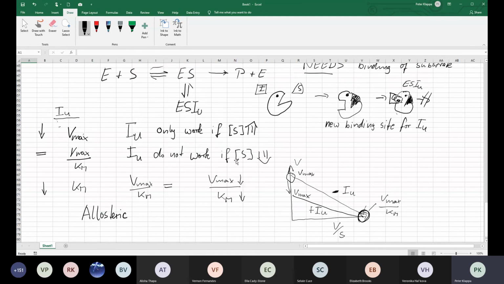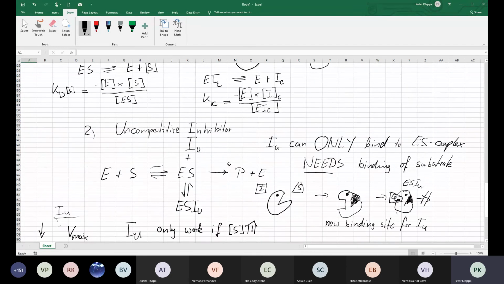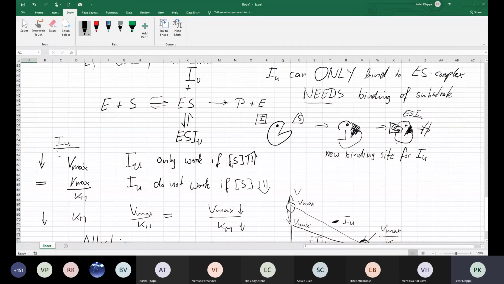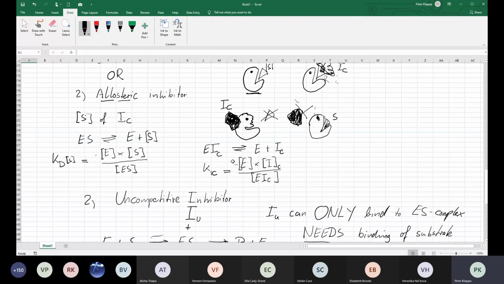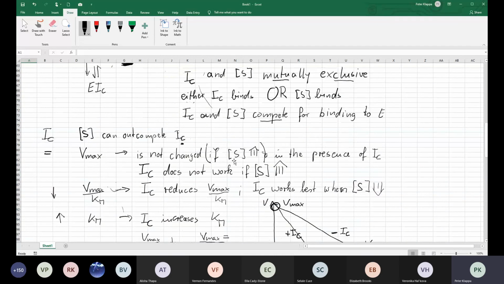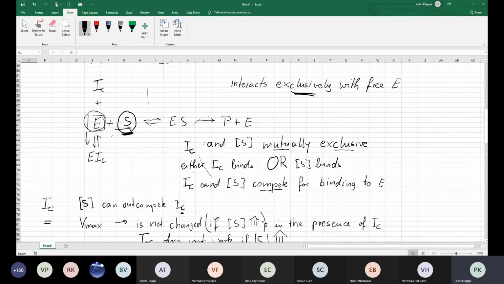So when you talk about an allosteric inhibitor, it can be an uncompetitive one or it can be a competitive one. So the terminology of an allosteric inhibitor doesn't mean a lot. What we have discussed today was the competitive inhibitor that is only binding to the free enzyme and is mutually exclusive.